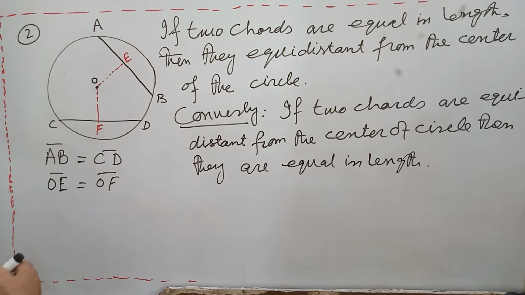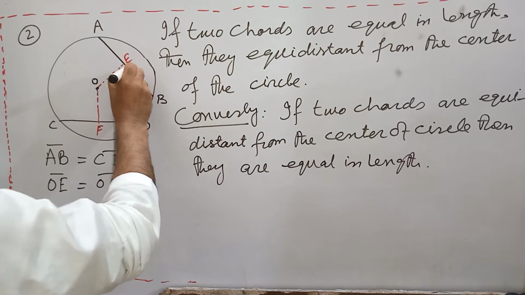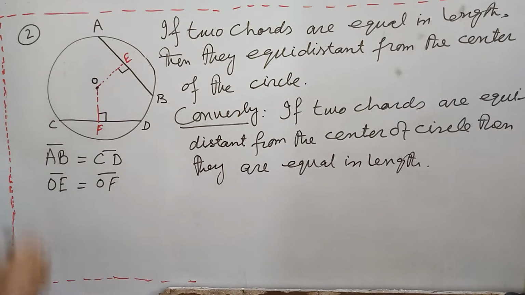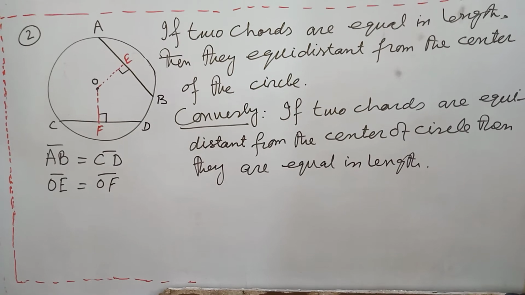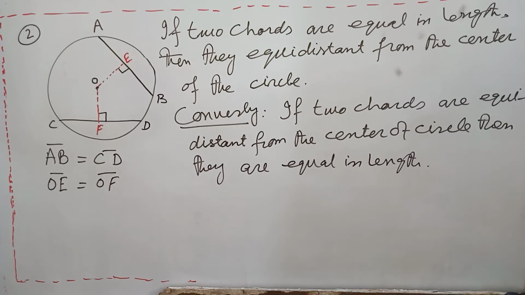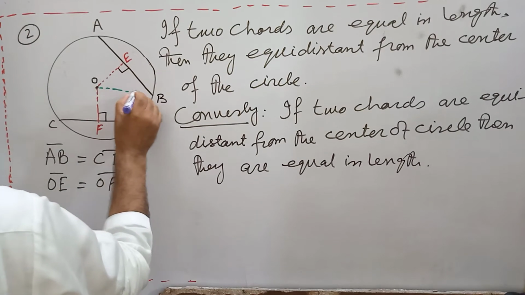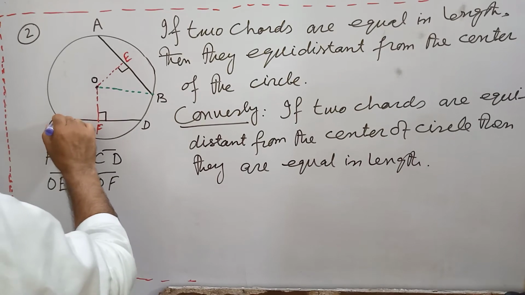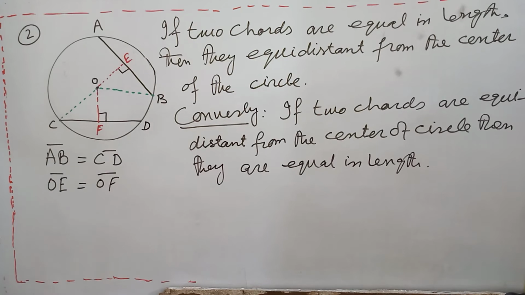Here again you can see that this is the perpendicular from the center of the circle to the chord. So there will be a right angle at point E, as well as a right angle at point F. When we join O to A or B, this will be a right angle triangle. OB is the radius and OC is also the radius. So both of these triangles will be right angle triangles.